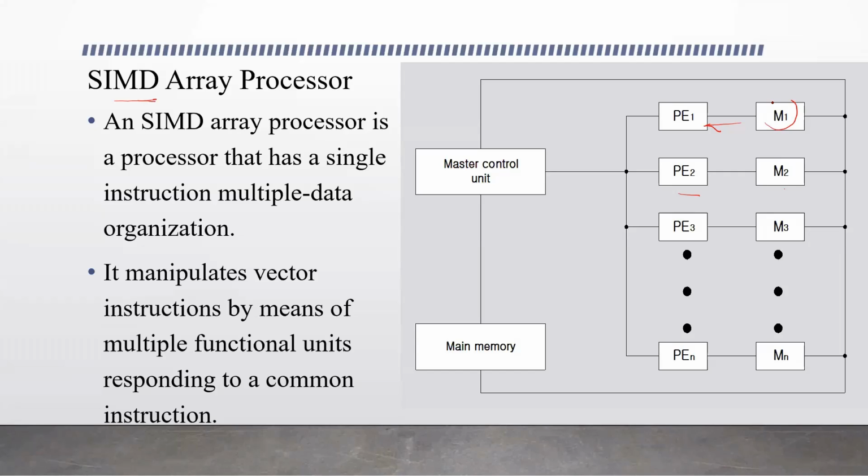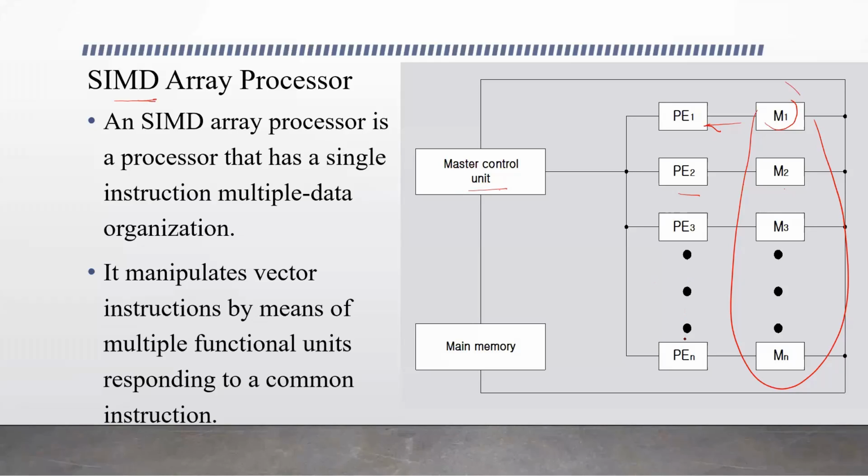And here the instruction is a single instruction, SIMD, single instruction, multiple data. For providing multiple data, we have multiple memory units, and the instruction is a single instruction that is broadcast by this master control unit to the processing elements.